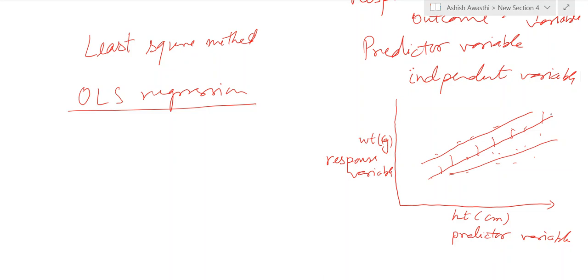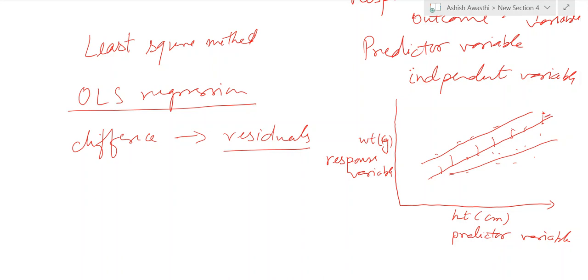The distance between the observation and the line is actually the difference between the observed and fitted value, because your line gives the fitted value. The technical term used for this difference is residuals, and in the least square method we will try to minimize these residuals.